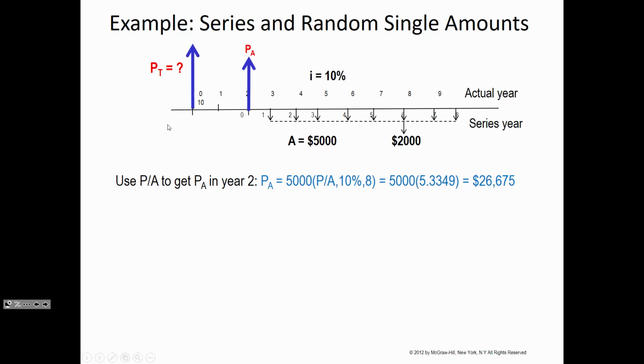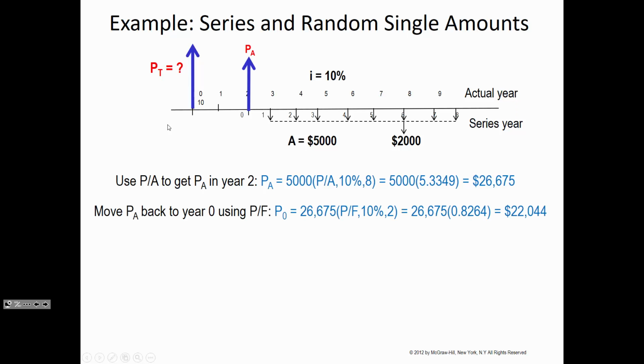So it's not really the final present value that we need to know, but it's present from within the viewpoint of the annual series. Okay, so P/A, find the present of an annual at 10% interest where n equals 8. So there are 8 payments. It's going to take it from the annual series to a single amount in year 2, which is quasi-year 0. So we can multiply the 5,000 by the factor and get 26,675.